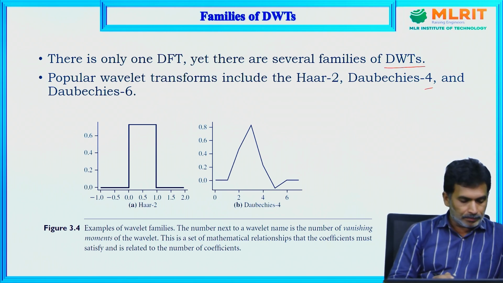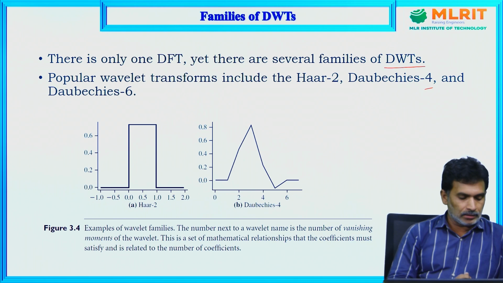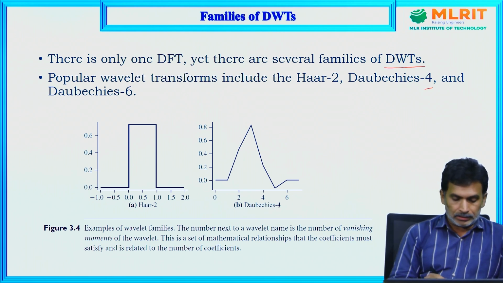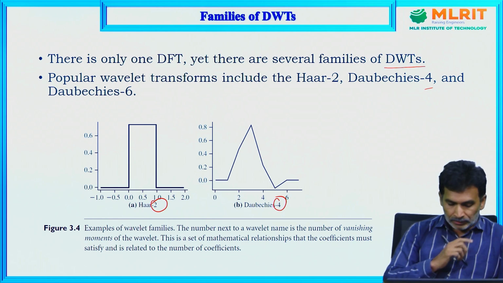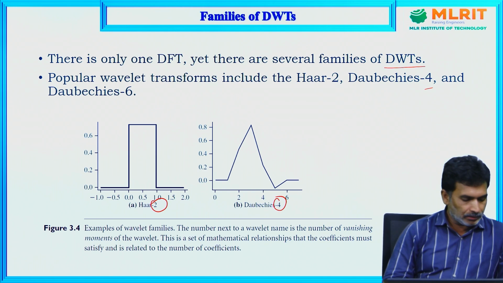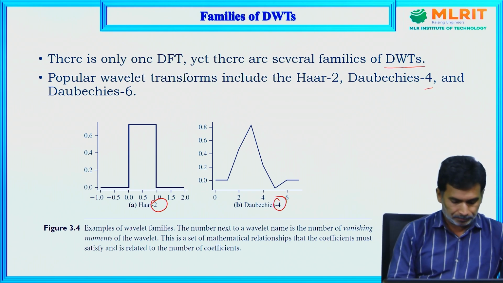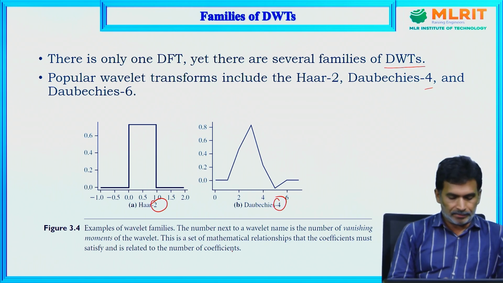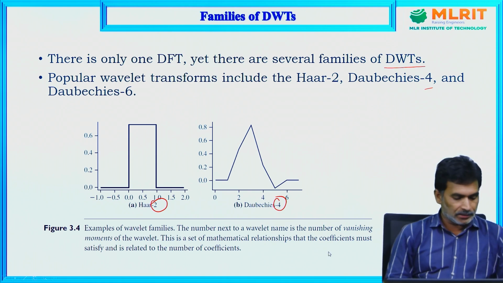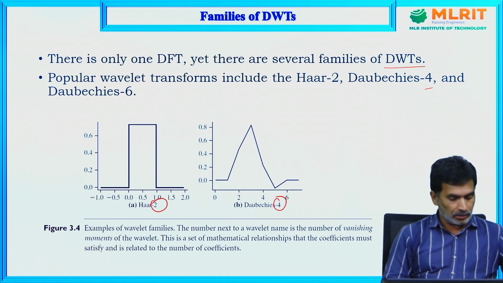In this figure you can see examples of wavelet families. The number next to the wavelet name is the number of vanishing moments of the wavelet. That is a set of mathematical relationships that the coefficients must satisfy, and it is related to the number of coefficients.